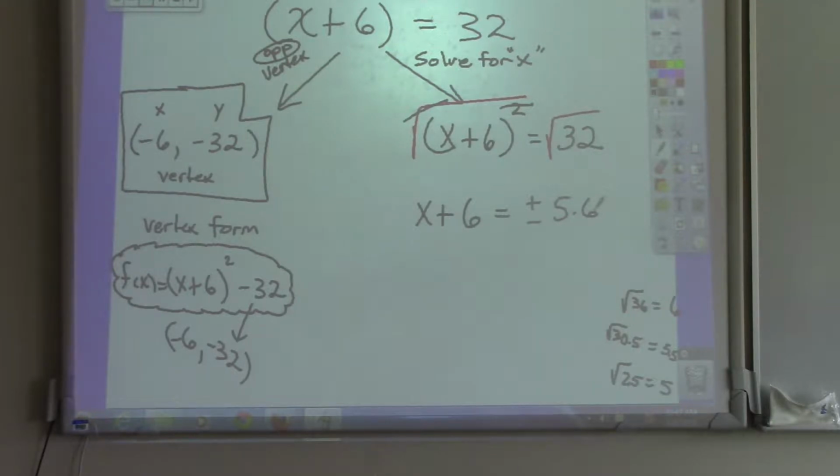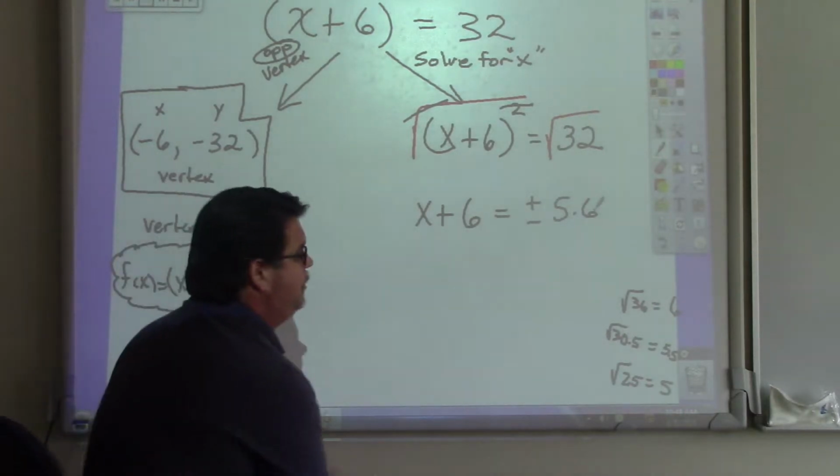Now, a lot of people say, well, you said 5.6, and she said 5.65. And my answer to that is, you don't have to be that accurate when you're sketching a graph, okay? Is anybody going to measure and make sure that you're not 100th off? No. So, x plus 6 is equal to positive or negative 5.6.